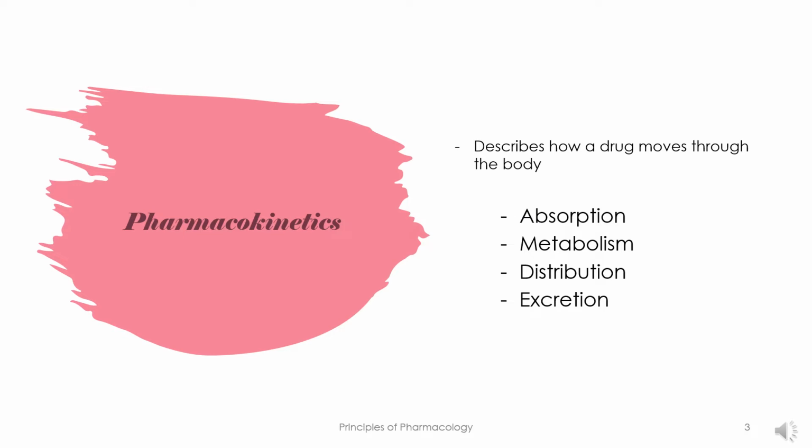Pharmacokinetics describes how a drug moves throughout the body. This is done with absorption, metabolism, distribution, and excretion.